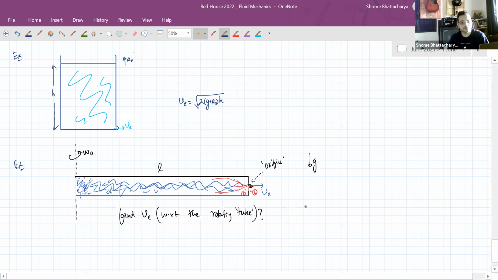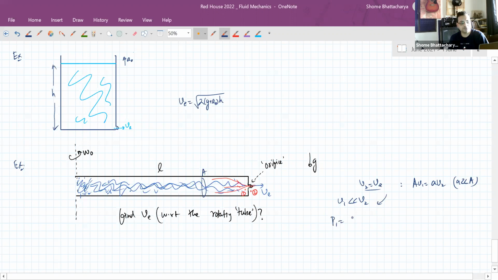Now, because the area of the orifice is very small, V1 will be negligible compared to V2, because V2 is the efflux velocity, and the area of cross section of the tube times V1 is equal to the area of cross section of the orifice times V2, and the orifice area is very small compared to capital A. So with this we have this, okay.